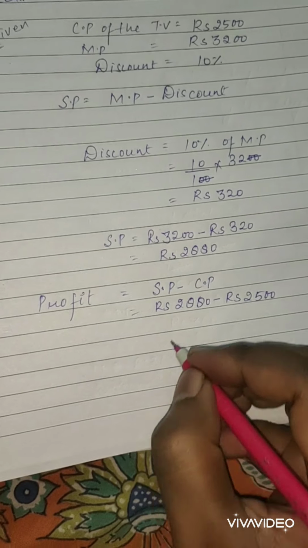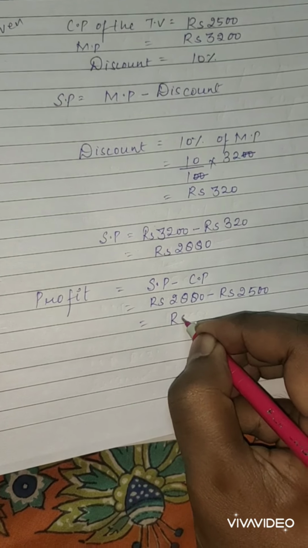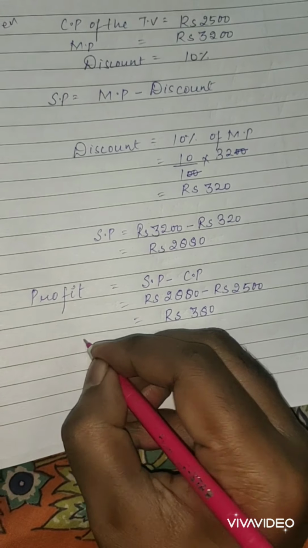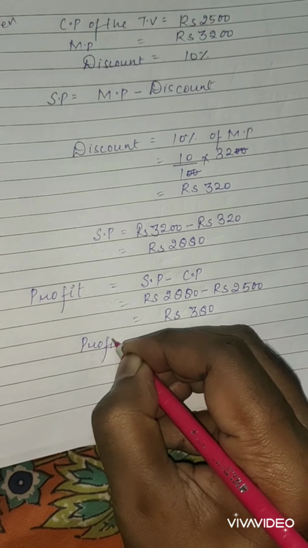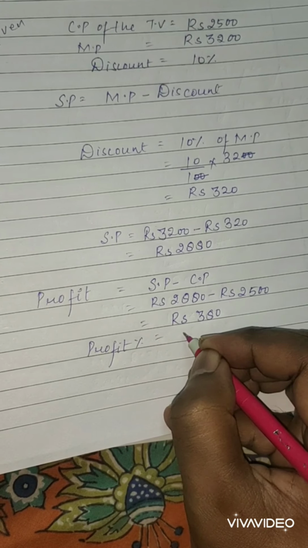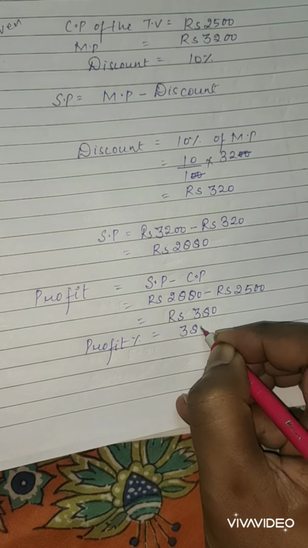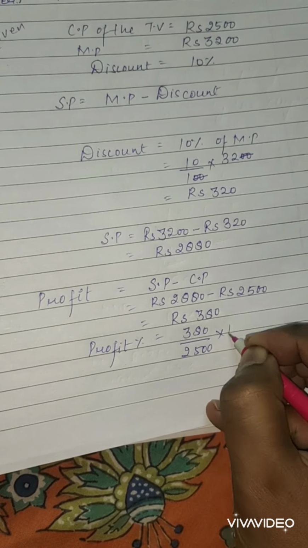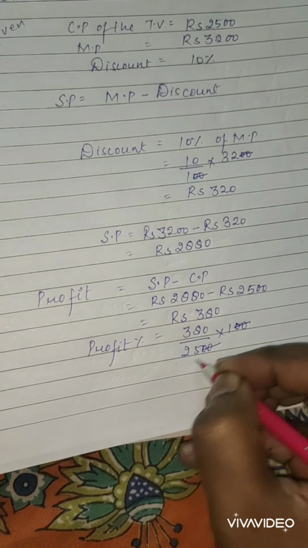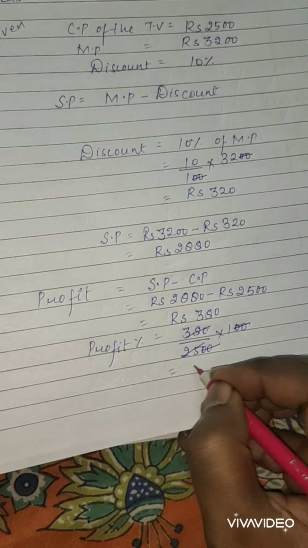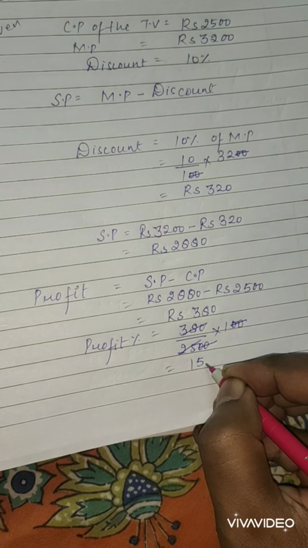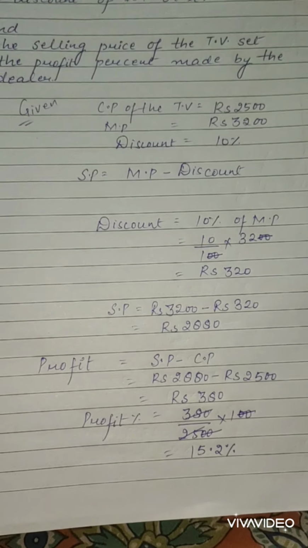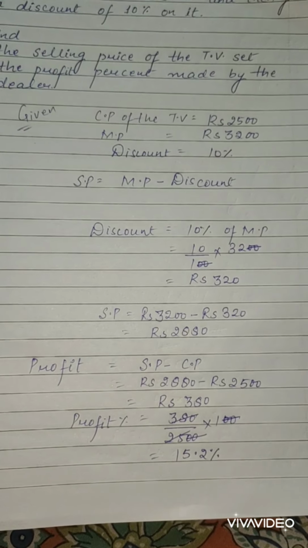So you got 380 rupees. Now from here we will take out the profit percent. That is profit upon CP into 100. When you solve this, you will get 15.2%. So I hope you have understood this question.